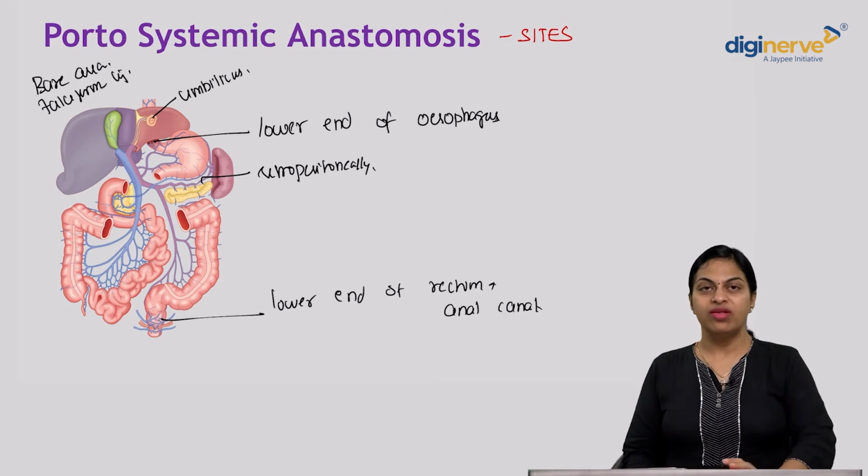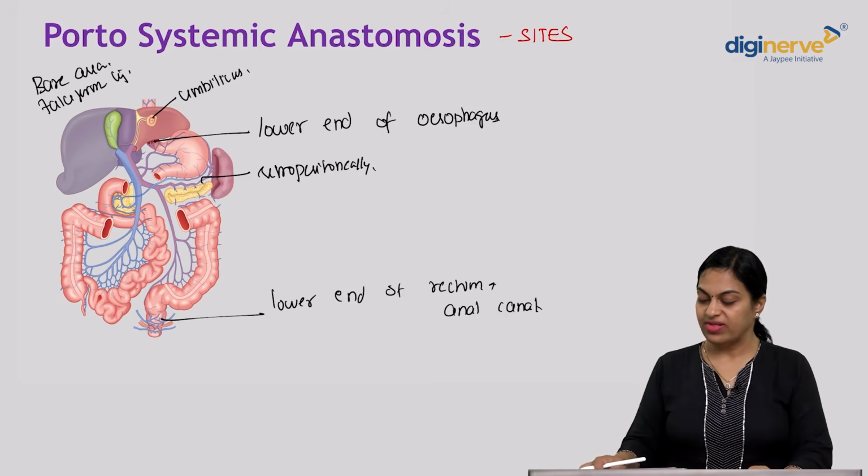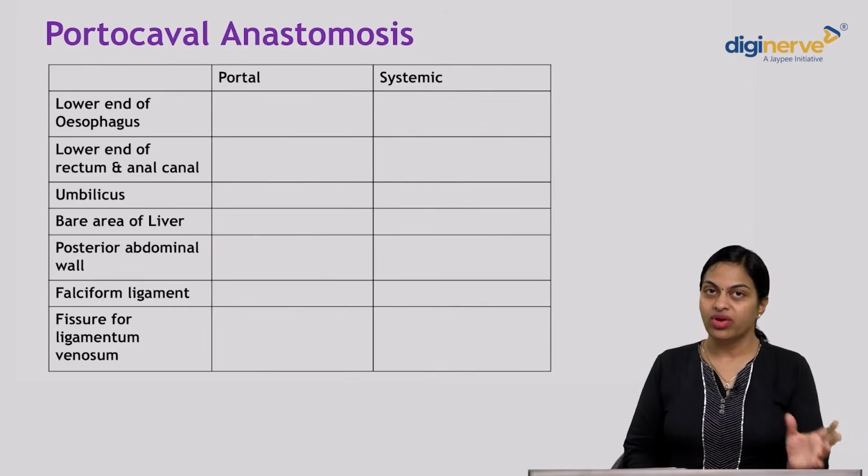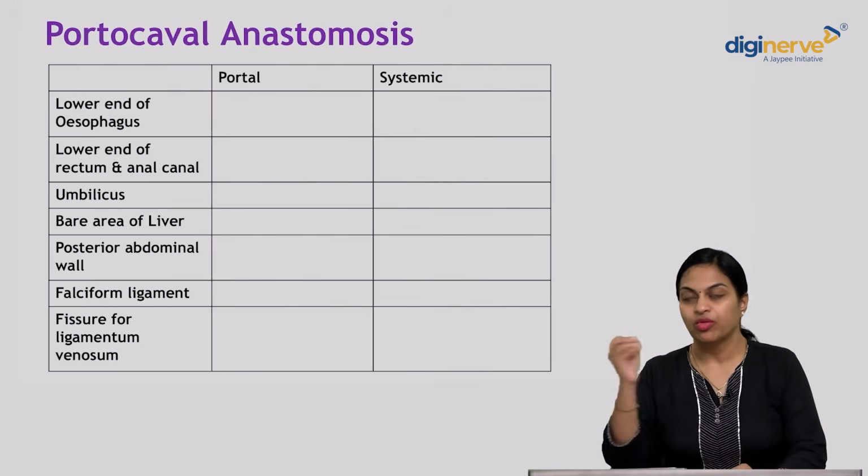Okay, these are the common sites of anastomosis. So at each site, now we are going to look into the portal tributary and the systemic tributary.